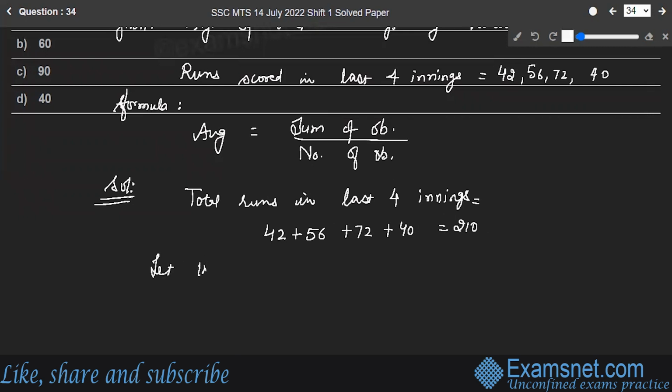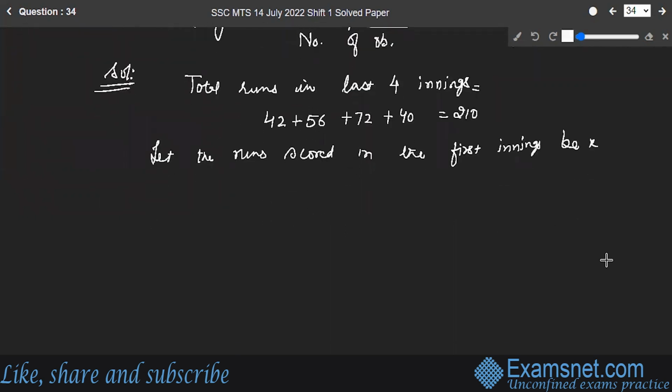Now let the runs scored in the first innings be x. Therefore, putting the values in the formula, it will be 210 plus x over 5, which is equal to the average, 58.